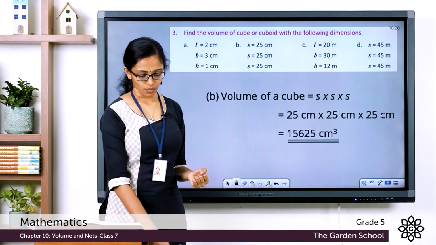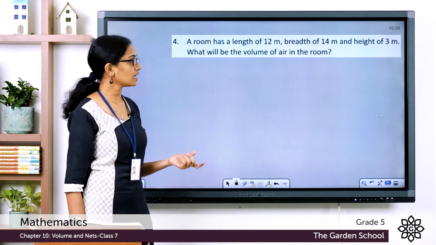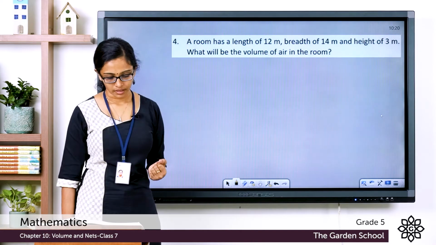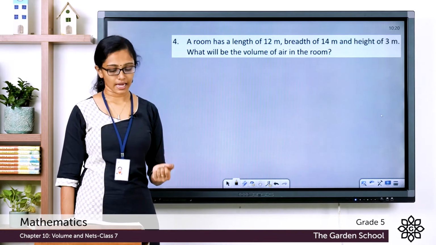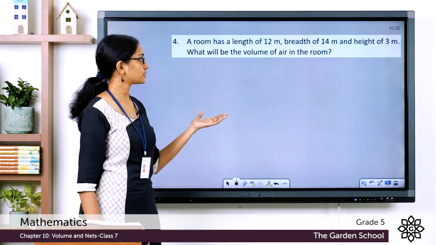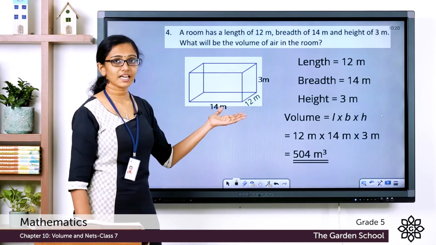Now, question number 4. A room has a length of 12 meter, breadth 14 meter and height of 3 meter. What will be the volume of air in the room? Now, how do you calculate the volume of this? You are given the dimensions of a room. So, let this be that room.